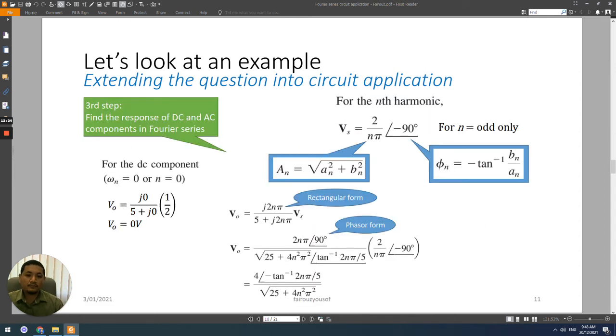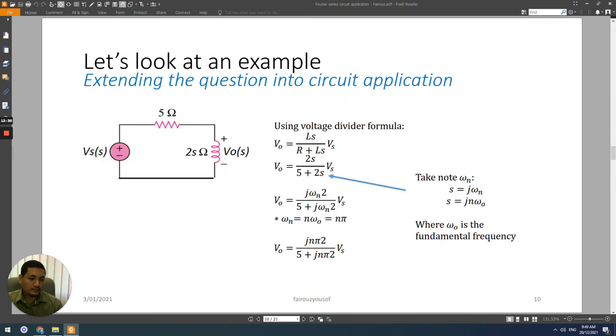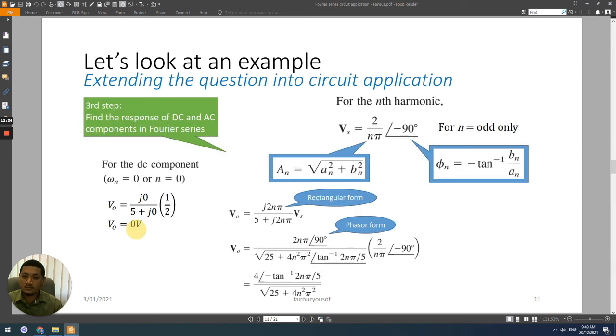In DC component there is no omega n, or n is 0, so we replace this with 0, and we get V out is 0 volt. There is no DC component of the output.